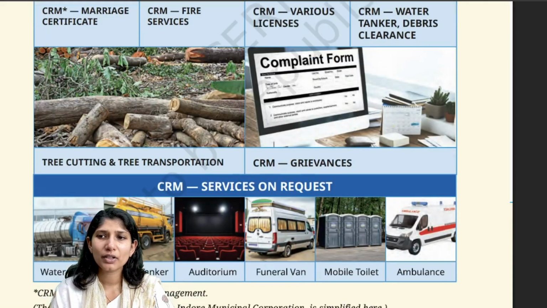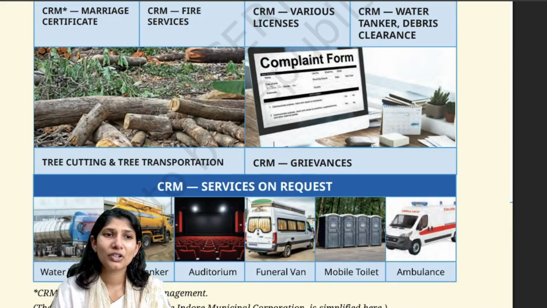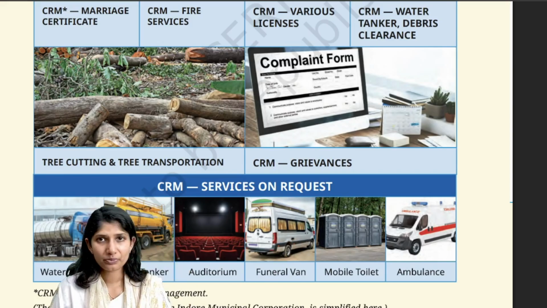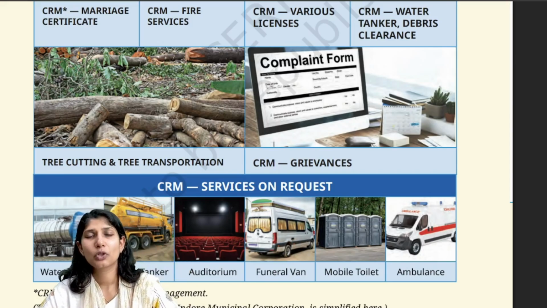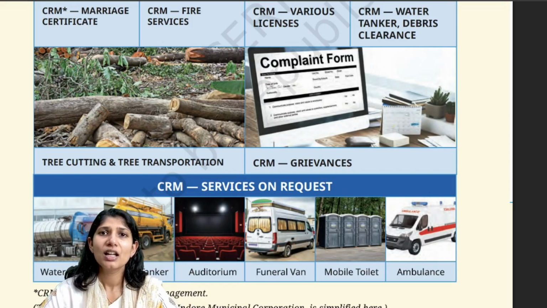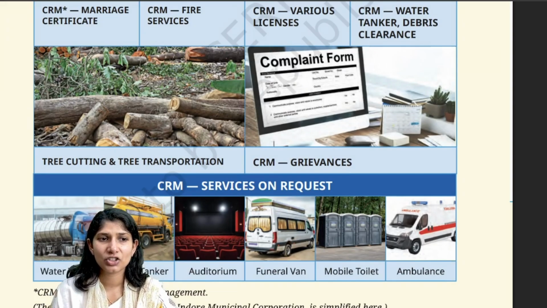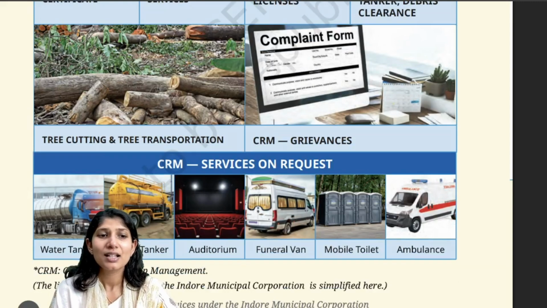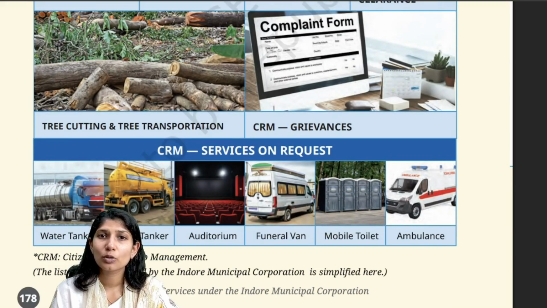Urban areas need a lot of transportation connectivity, so there will be tree cutting and tree transportation. Urban areas also pay for promised services not being done, so you need grievance redressal, where you can get services such as water tankers, septic tankers, auditoriums, funeral vans, and most importantly mobile toilets.